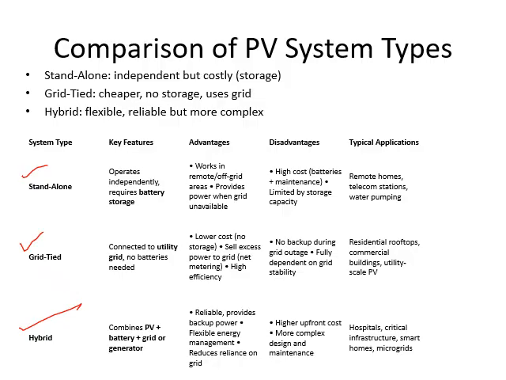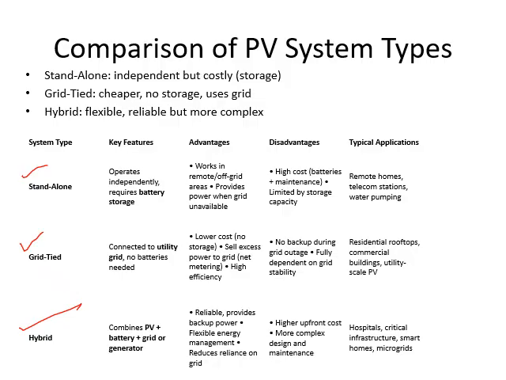You cannot store because you don't have the battery with you, right? So that is the one major disadvantage. So that means your connection with the grid must be very much secured. And its application is like residential areas, commercial buildings, utility scale photovoltaic systems.